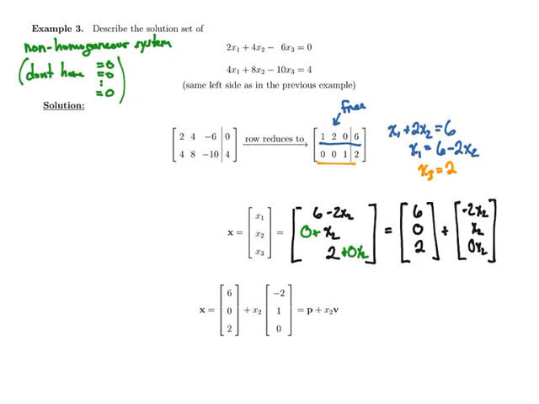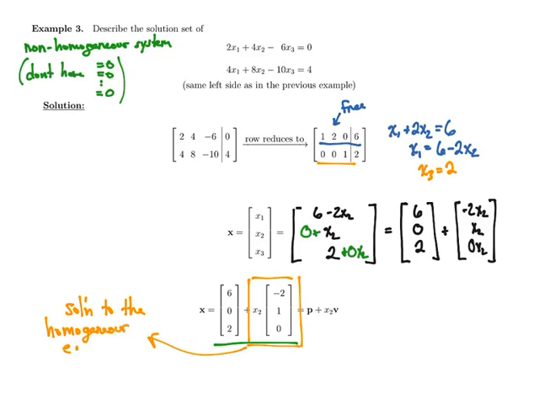We can break that up as two vectors, and we can pull an x2 out of the second vector, and we get this solution. And we can see that this is the same solution as we had. So here was our solution to the homogeneous equation. And we're just adding a vector to that solution. And we're going to call that special vector 6, 0, 2 p. So this is p plus x2v.